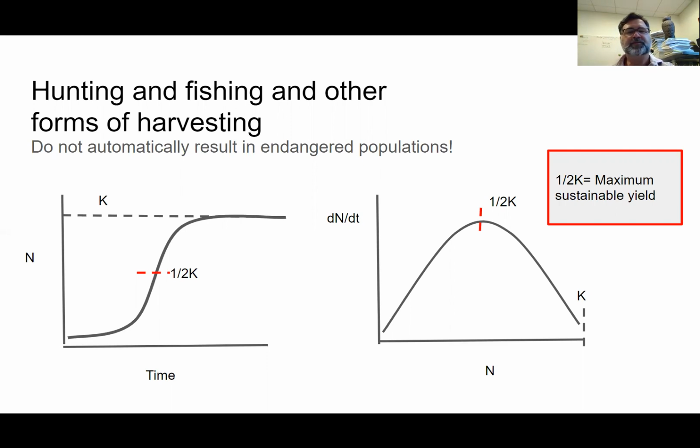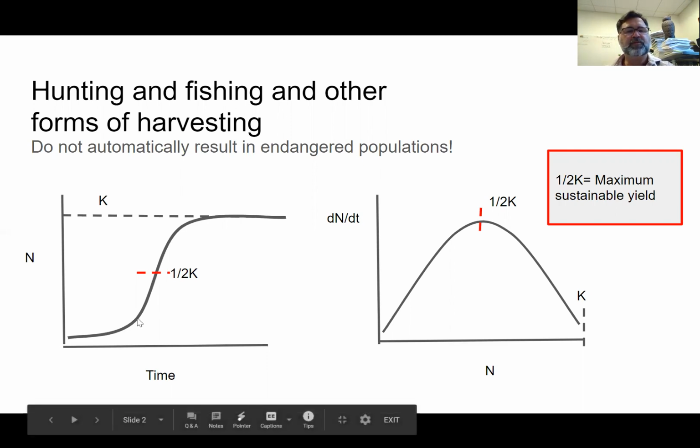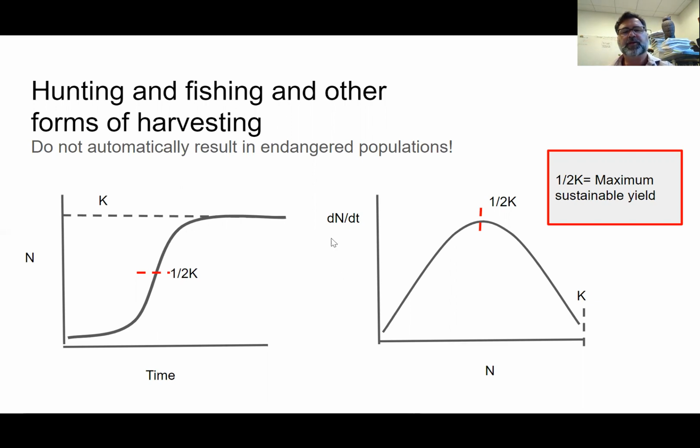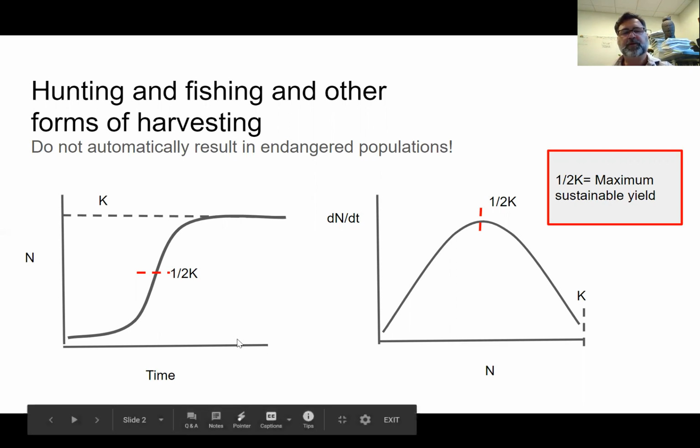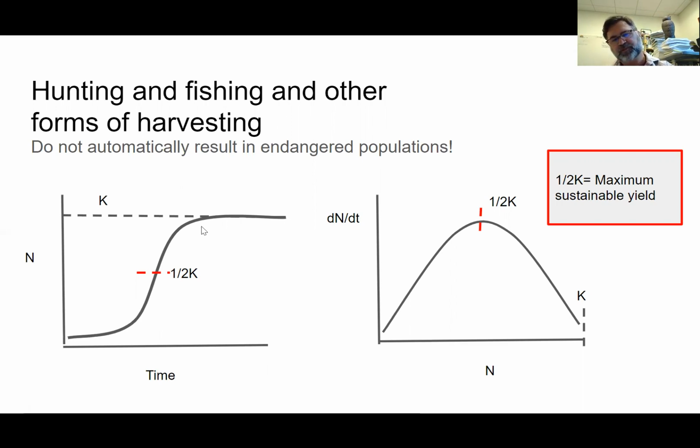If we examine the slopes of this population growth line, and convert that to dN/dt, which is the growth rate, and compare that to N, okay? So it's just looking at how the slopes change over this curve. You get a graph like this, where at low end, population growth rate is slow.